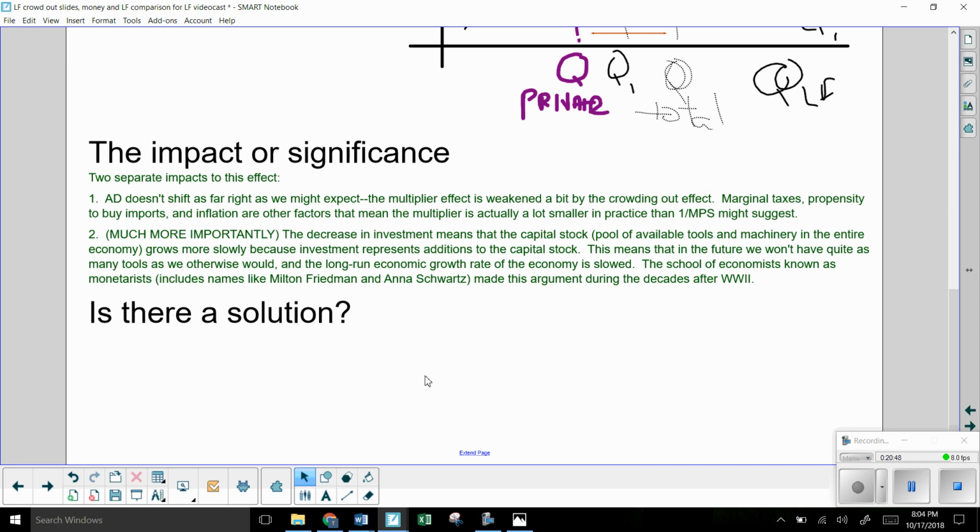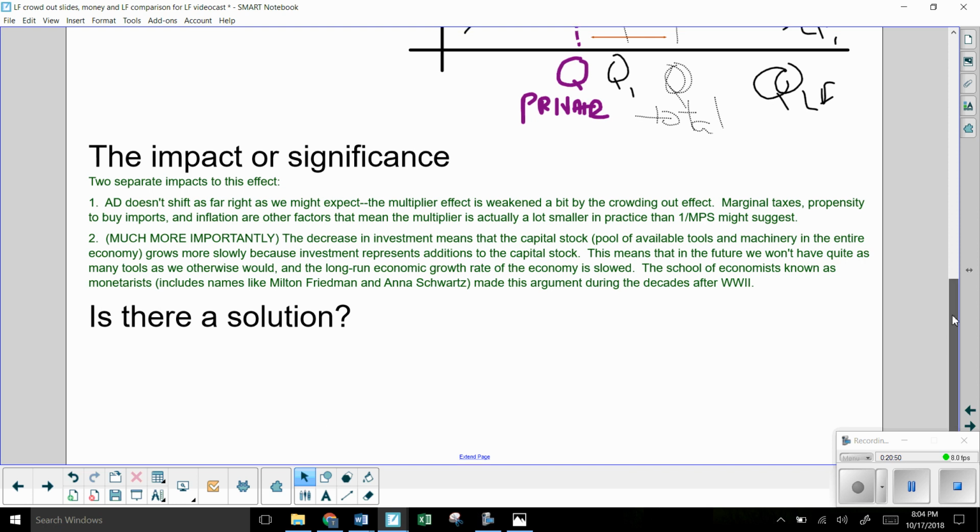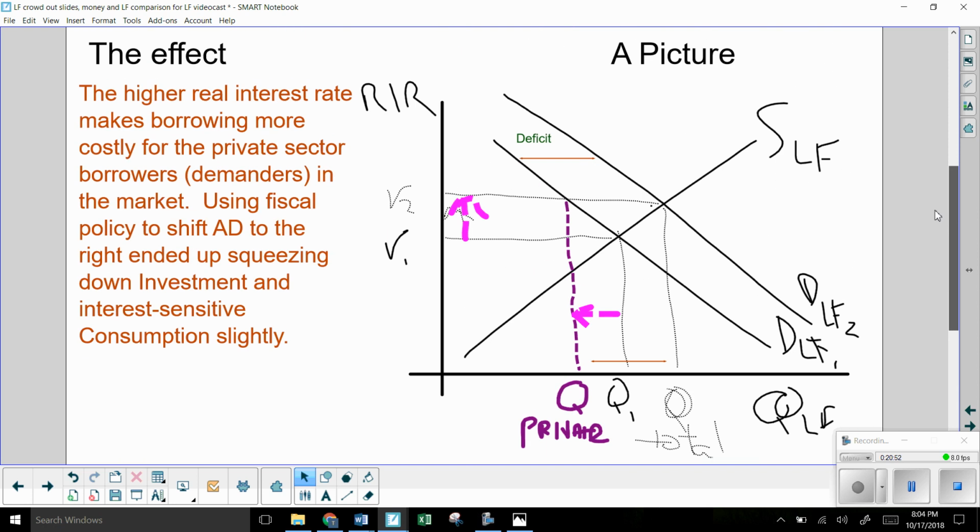I left out there the question of, is there a solution? And you might wonder, well, fiscal policy is the president and Congress, and they took action that would cause the interest rates to increase, and that had this negative consequence. Is there something that could be done that could fix that? Well, if you've wondered if maybe somebody else could take some action that would reduce interest rates to offset that, then your mind is moving in the right direction.